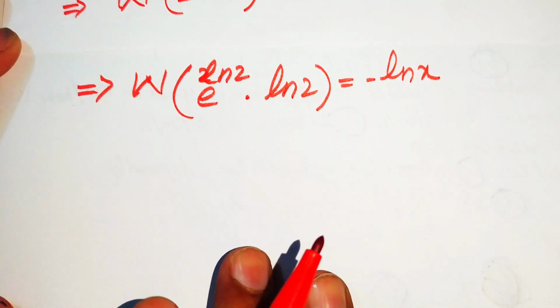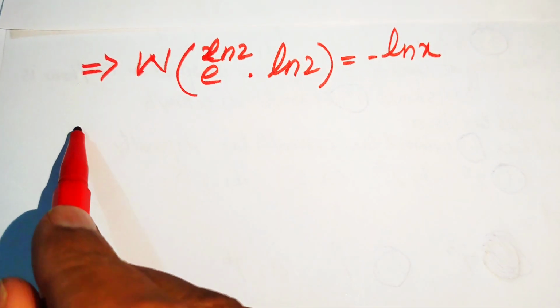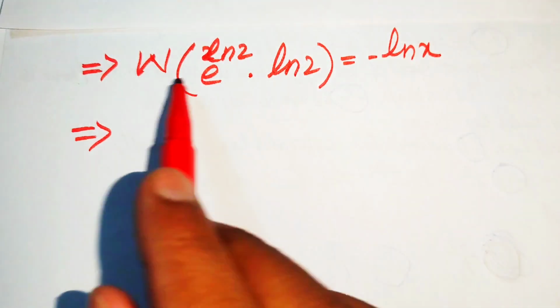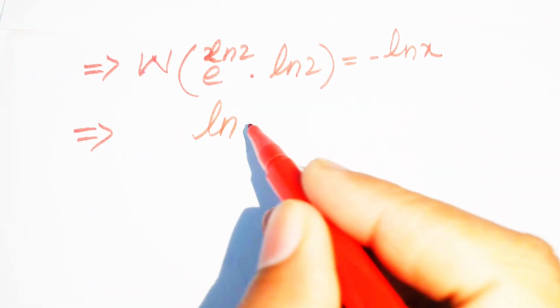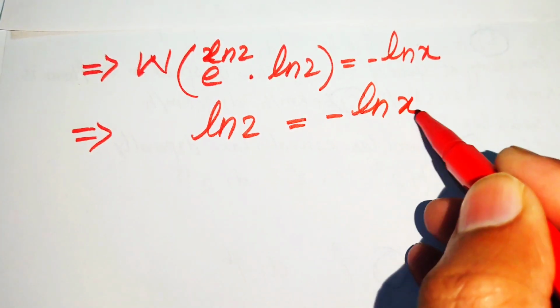Okay, so here we need some working on this term, and here again we apply the Lambert W function on this term, and the output of this term is equal to log 2 equals minus log x.